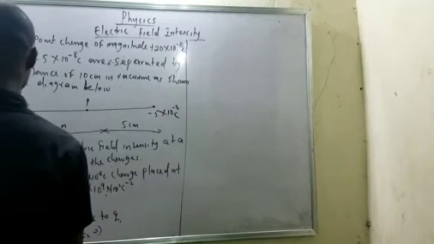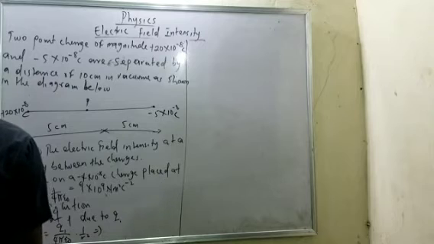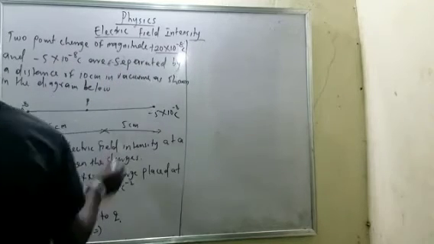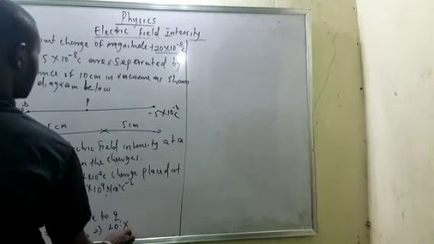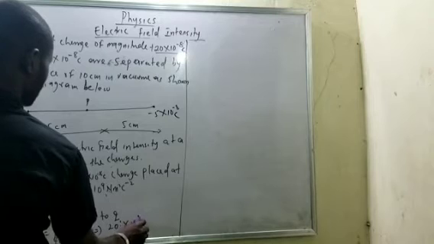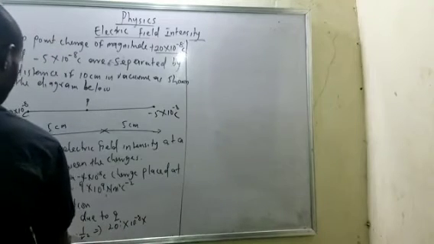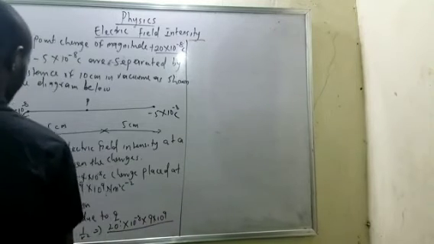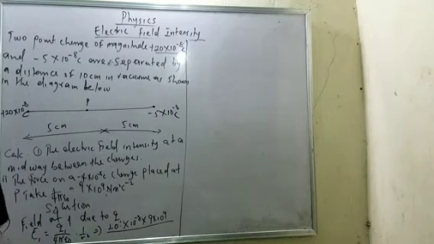Now my Q, the quantity of charge, I have it as 20 times 10 raised to the power minus 8 multiplied by 9 multiplied by 10 raised to the power 9, all divided by my r, which is my distance.